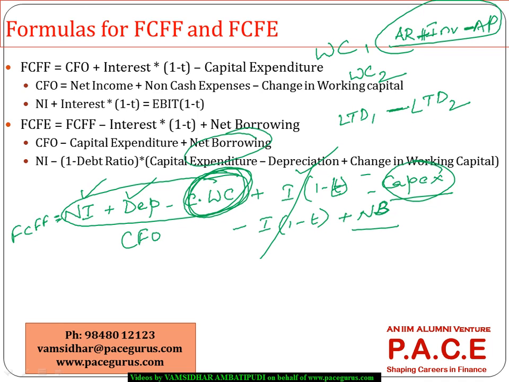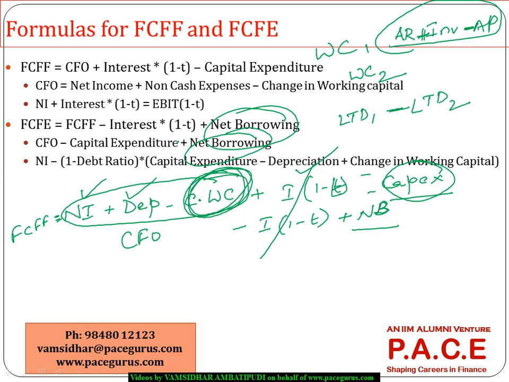The difference between these two is what goes in as net borrowing for the period. You can use all these values to compute the FCFF as well as FCFE, which will go into the valuation process using the same set of models which we have discussed for dividend based valuation also.